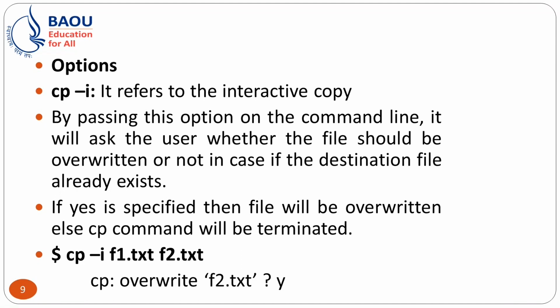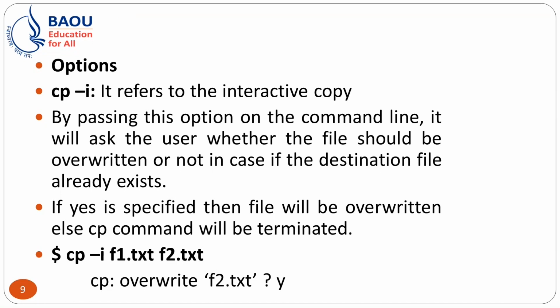Suppose you want to prevent that, in that case you use this -i option, the interactive option. If you use this -i option, the command will ask the user if you want to copy or not. If you type Y and then press enter, only in that case the content will be copied, that means it is overwritten.